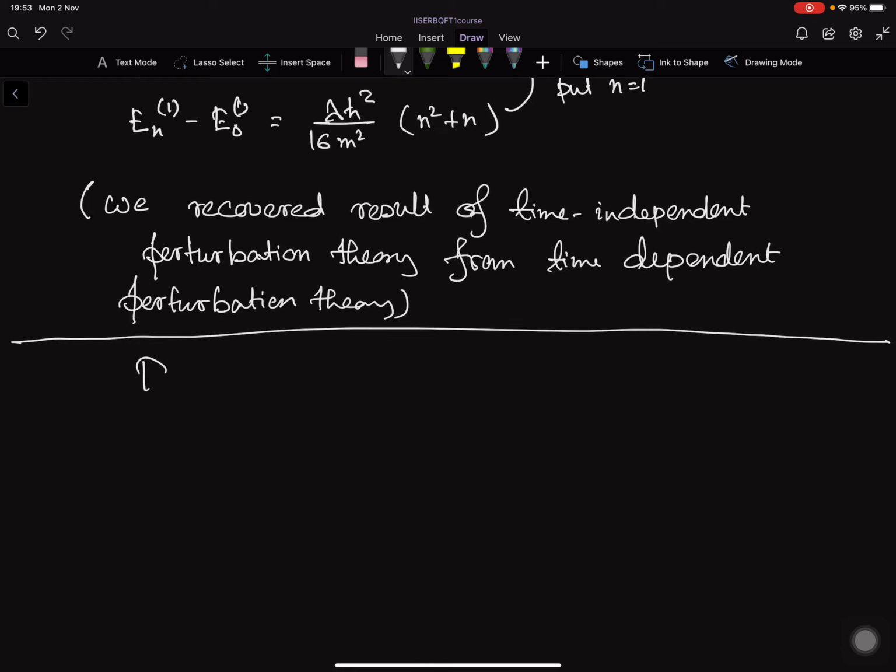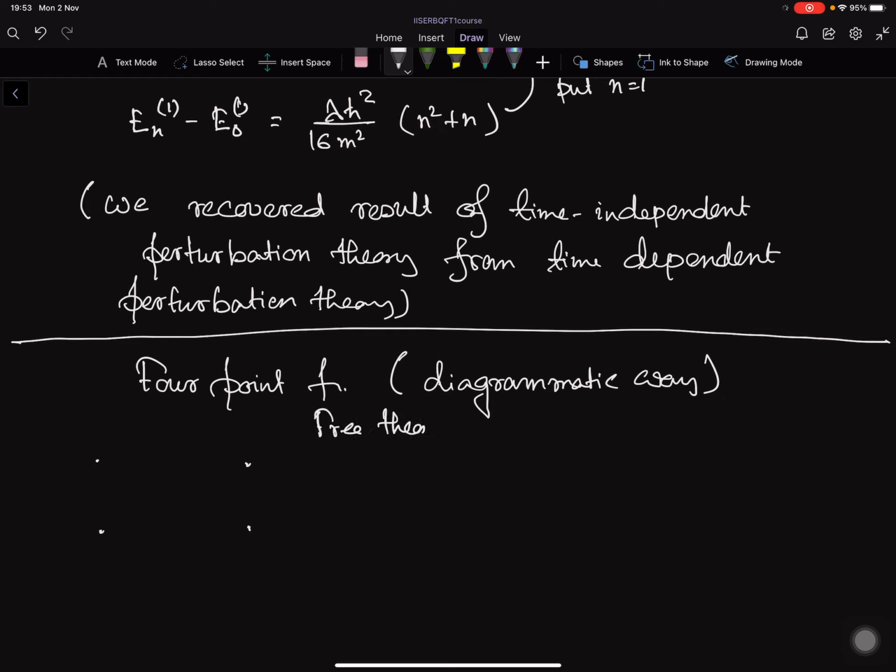Now let's just compute the 4-point function. For the 4-point function, we just do it in a diagrammatic way. So the first contribution will be of this form. Of course, there is the free theory result plus, then there are contributions which are of this form.